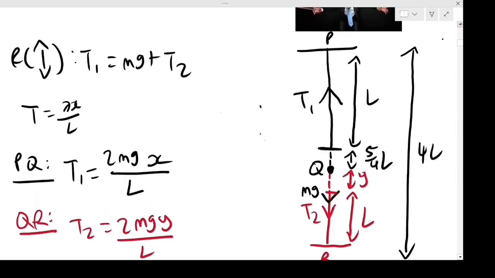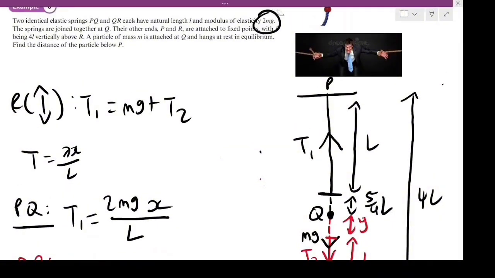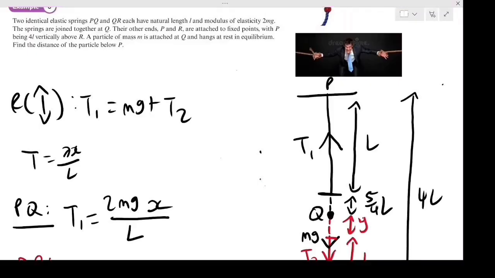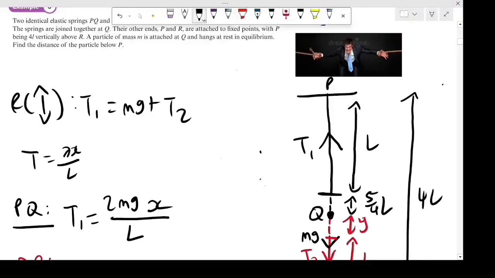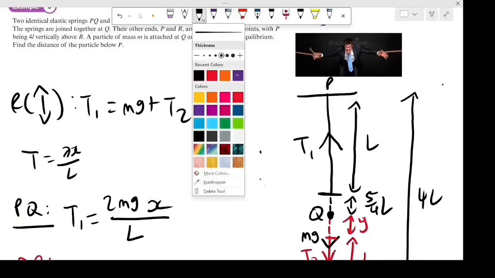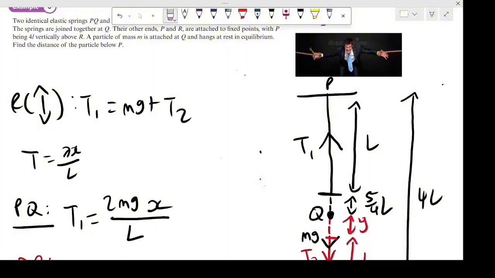Well, we're pretty much done because the question has asked me to find the distance of the particle below P. In other words, the distance between P and the particle, which is going to be this purple length here, from P to the particle.